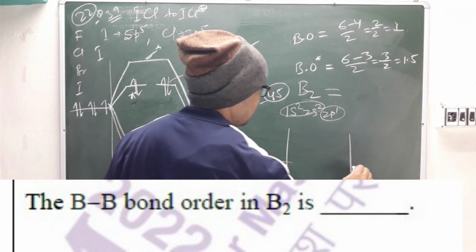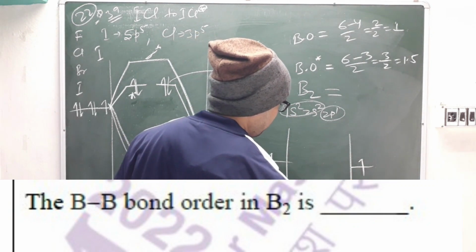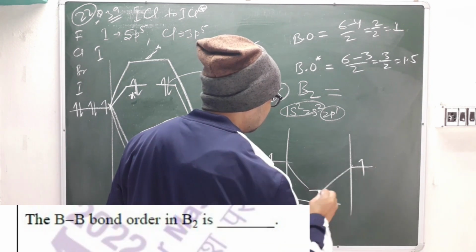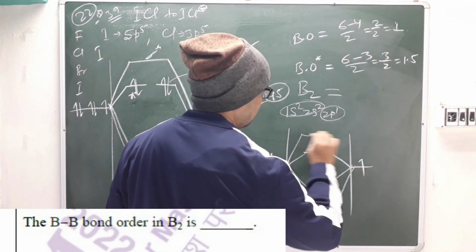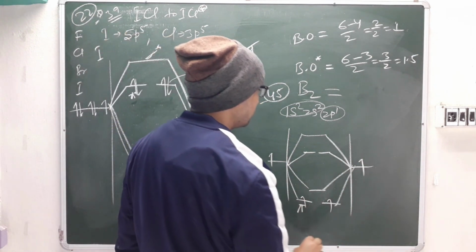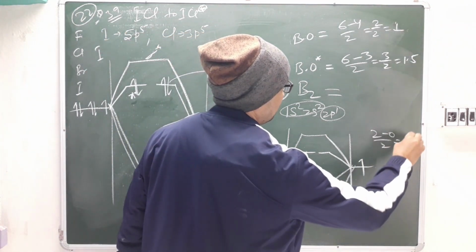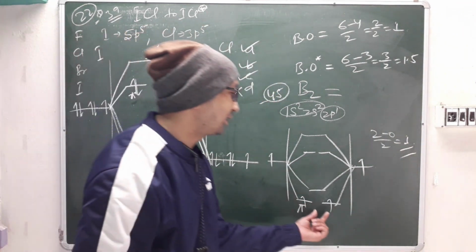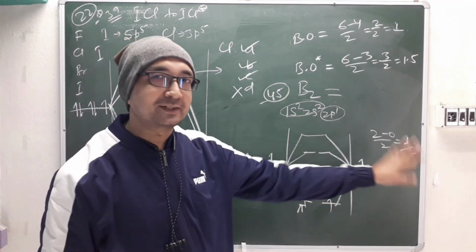This is 2p1, 2p1, and then below it this is pi, this is sigma. Likewise you calculate; this is pi, because sp mixing is happening, no? So bond order will be (2 minus 0) by 2, equal to 1. They have asked only the bond order; they should ask the nature of the bond, whether it's pi or sigma, right? So your answer is 1 here.